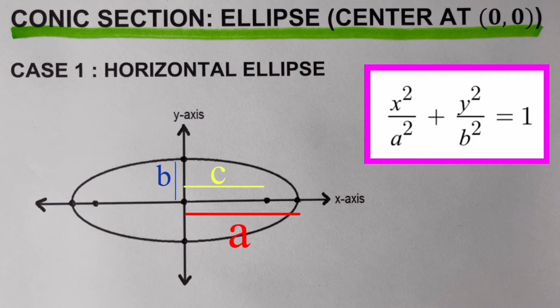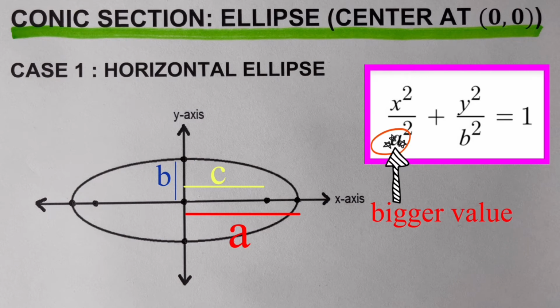Now, notice that our A is the longer value, because this is actually half of the major axis, which is the longer diameter. Notice that our A is the denominator of x squared. This means that if the denominator of x squared is bigger compared to that of the denominator of y squared, that means that we can come up with a horizontal ellipse.